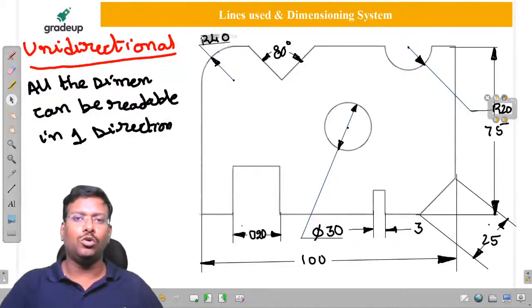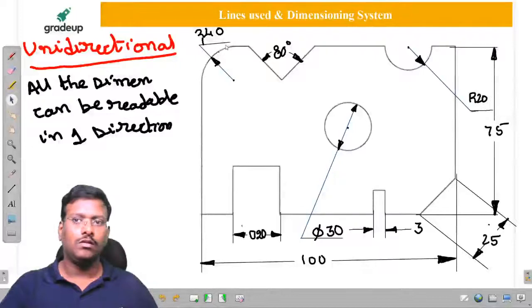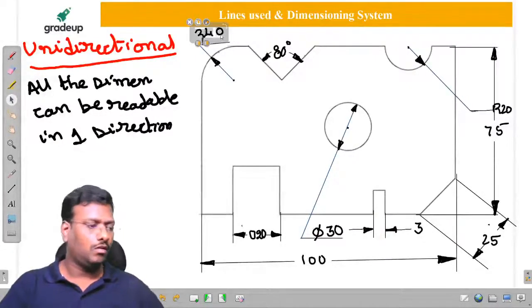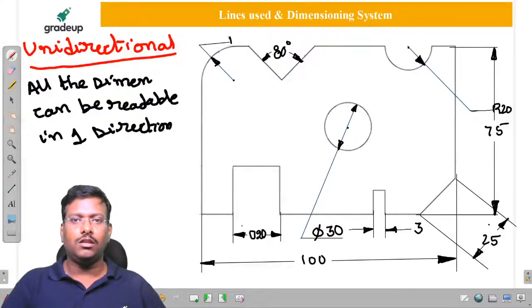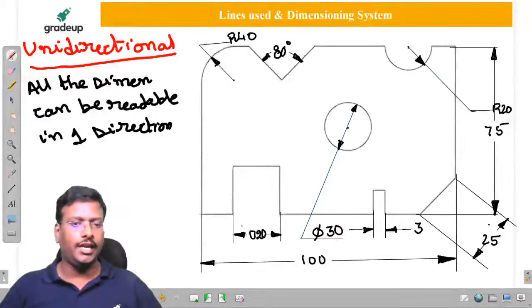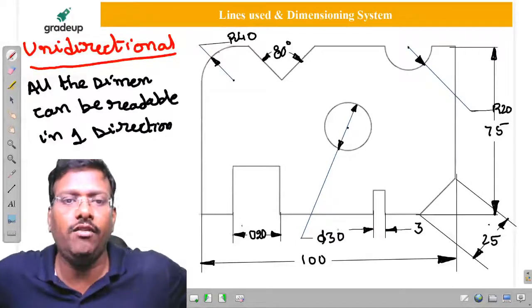So here also, we have to write R40. And what about this? I hope you got the clarity now. Here also it should not be drawn above it, sir. We have to draw 530. Is it clear, my dear friends?